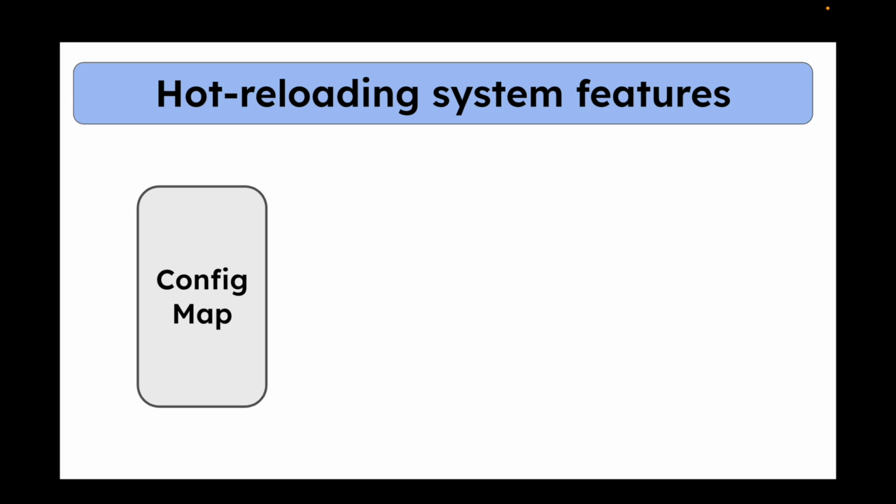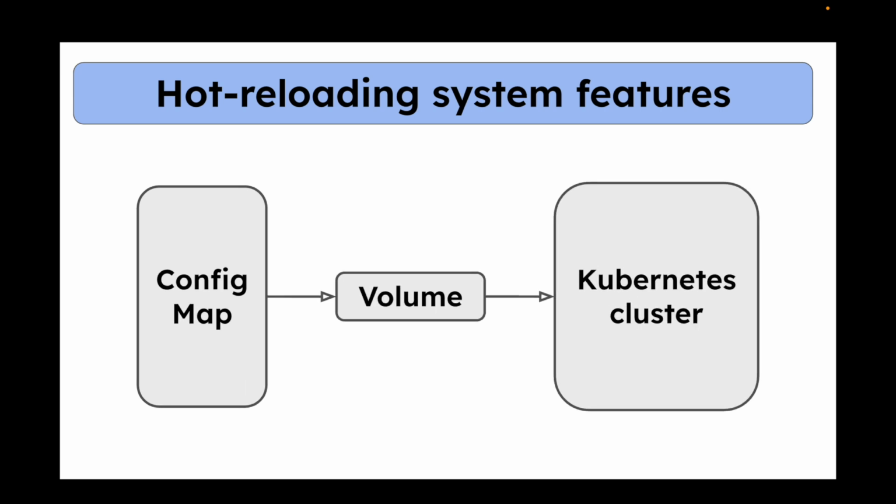So when a config map mounted as a volume is updated inside the cluster, Kubernetes will automatically update the corresponding files inside the container within a few minutes without restarting the pod. Companies write application layers that watch these configuration directories for updates, allowing them to flip features on or off live in production with zero downtime.